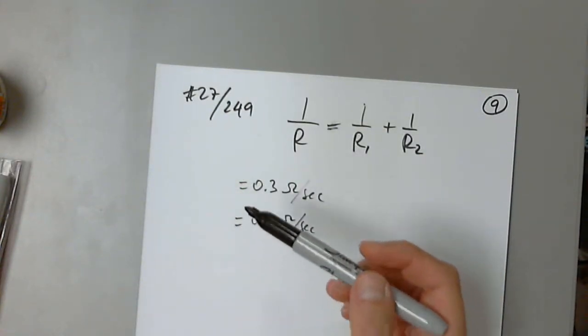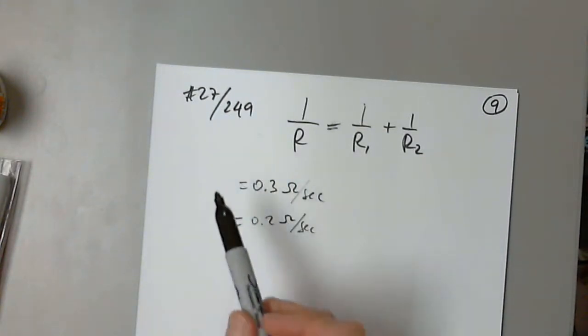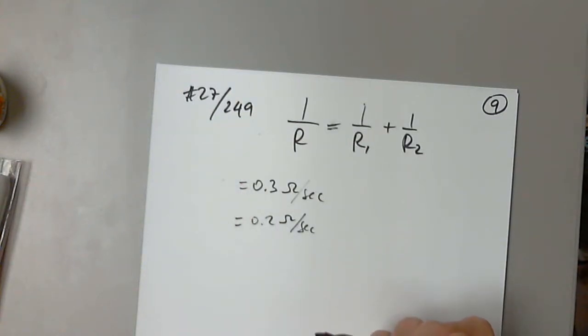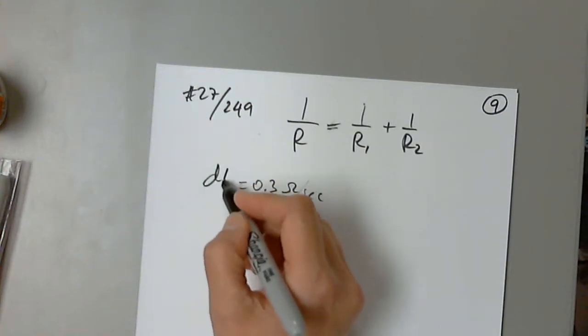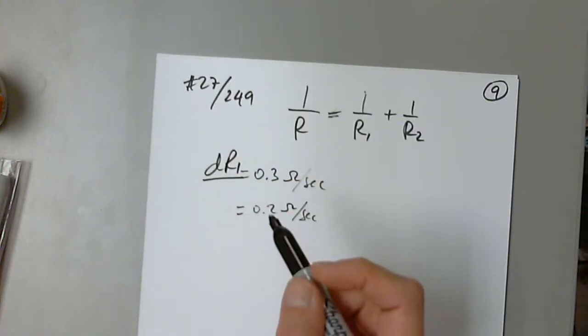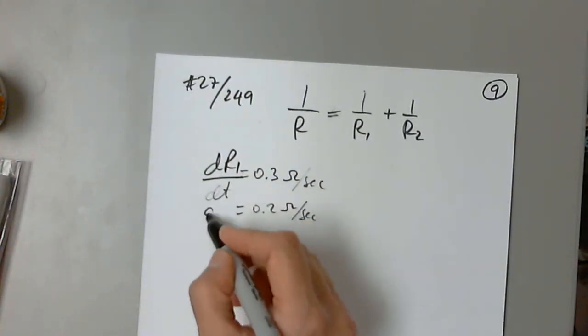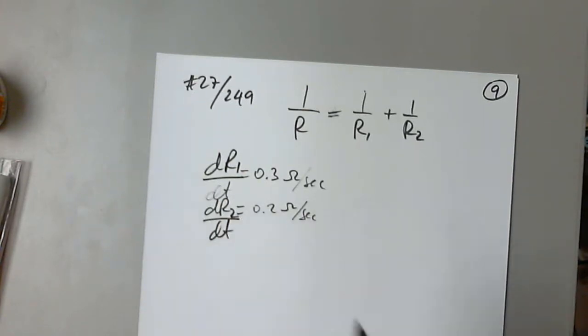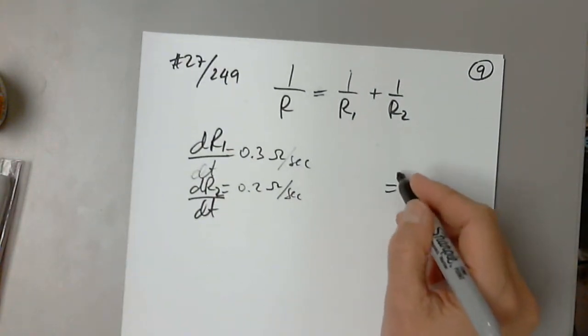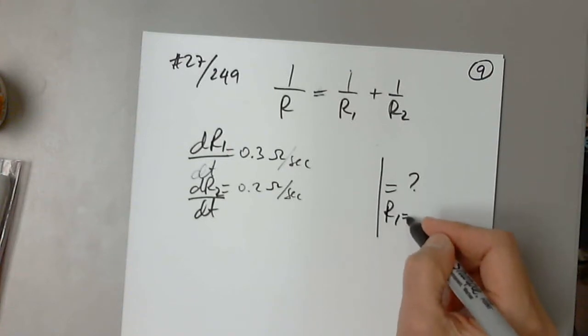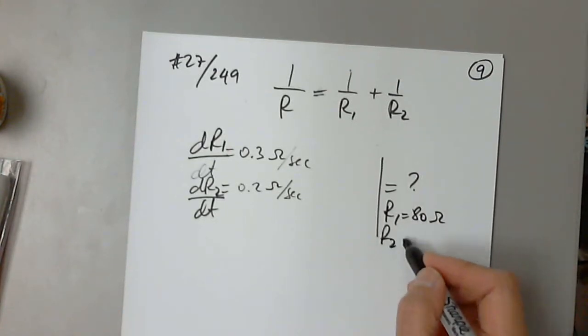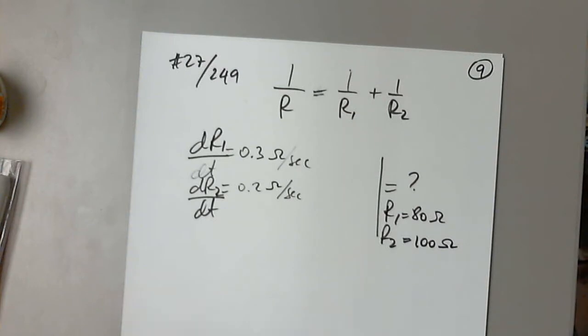Sorry about that. What is this and what is this? dR1 over dt, very good, and dR2 over dt. So we're asked to find what when R1 equals 80 and R2 equals 100.